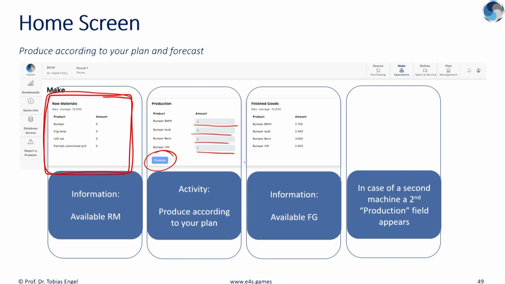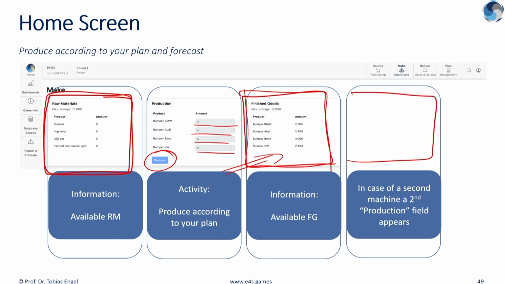Whenever some products are produced and finished, they go directly into your warehouse of finished goods. And this is the amount of products that the people at the deliver function can then deliver. In case you have a second machine, it will appear here and it will be the same view as this one.